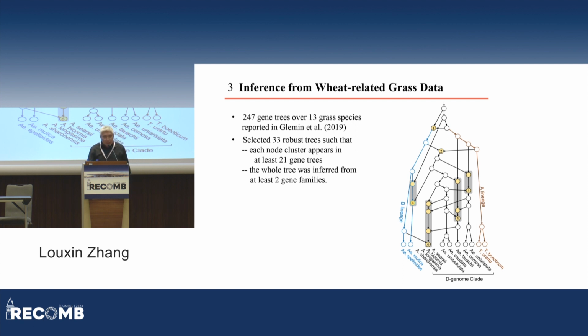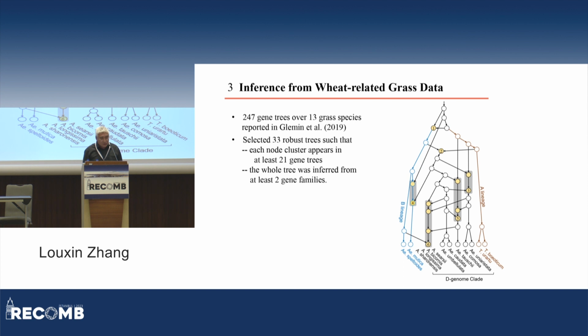And then we also used a real data set. In this real data set, we have 247 gene trees over 13 grass species. Then we selected 33 robust gene trees, and then we output this network. It contains 2 binary reticulation events, then 4 reticulation clusters.